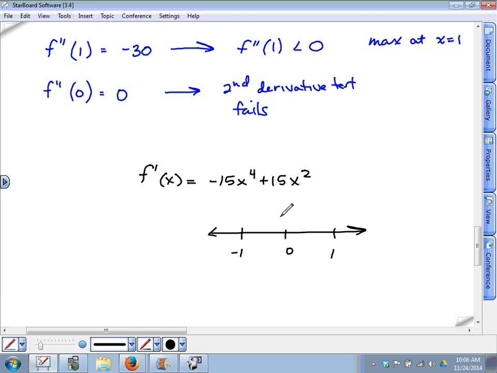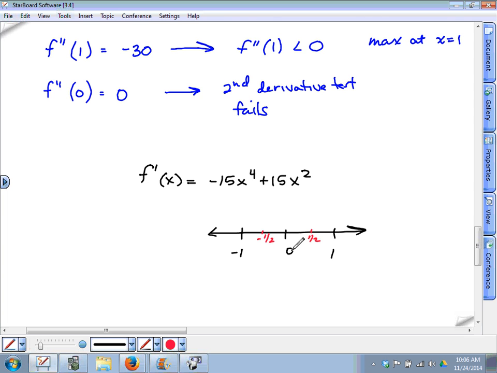Now, we just need to see what happens on either side of 0. Okay. So, we're going to test -1/2 and +1/2. And again, don't worry so much about the value, just think about the sign.